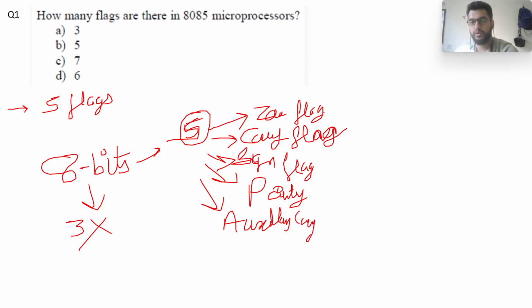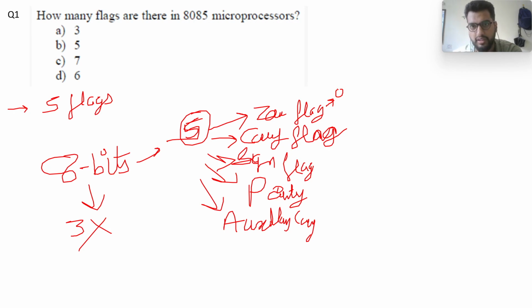So this zero flag is, what should I say, 0 or 1. I'm not sure about that. But when all the bits of the accumulator are 0, I think the zero flag is then 1.